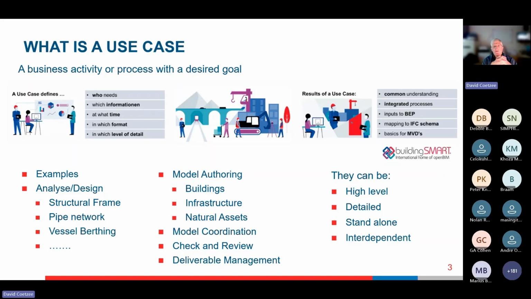And the results of the use case are a common understanding and integrated processes, inputs to the BIM execution plan, mapping of the Industry Foundation Classes schema, and I'll explain a little bit more about those later on, and the basics for your MVDs, which I'll also explain a little bit later on.